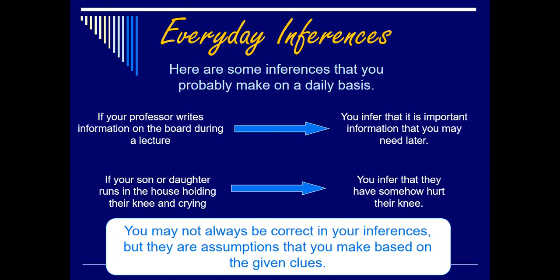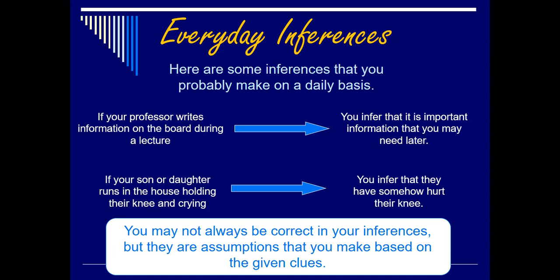All right, here are some inferences that you probably make on a daily basis. If your professor or your teacher writes information on the board before a lecture, you infer that that information is important and you're probably going to need it later. If your son or daughter, your brother, your sister runs in the house holding their knee and crying, you're going to infer that they have somehow hurt their knee, right?